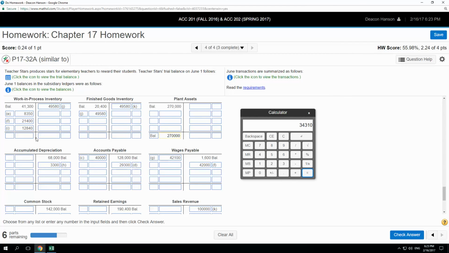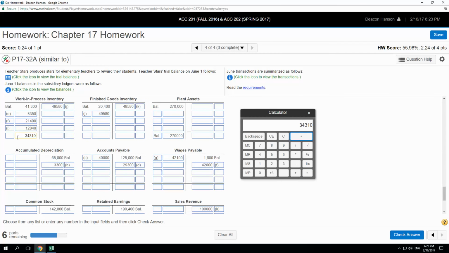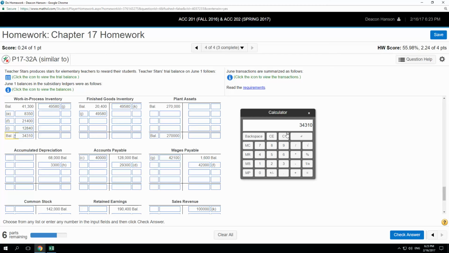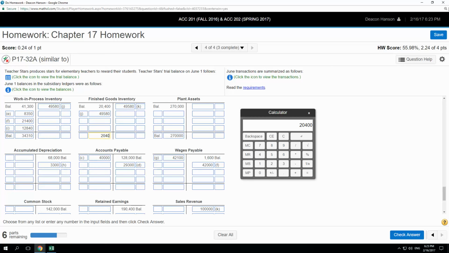Okay, we're working them pretty fast, so a lot of margin for error. That one we didn't have to do any math because it's 20,400. Those two 49,580s cancel each other out.